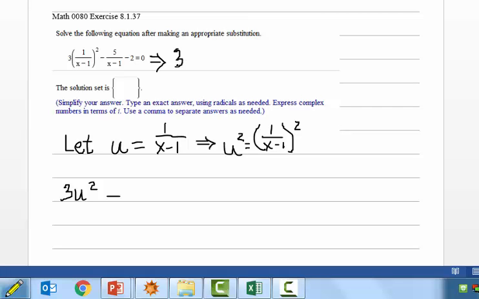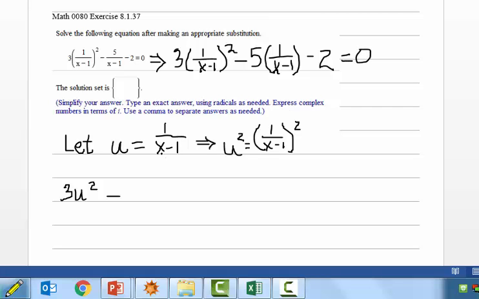So notice here, this equation could be rewritten as 3 times the square of 1 over x minus 1 minus 5 times 1 over x minus 1 minus 2 equals 0. With the substitution we've introduced, we could rewrite this as 3u squared minus 5u minus 2 equal to 0.